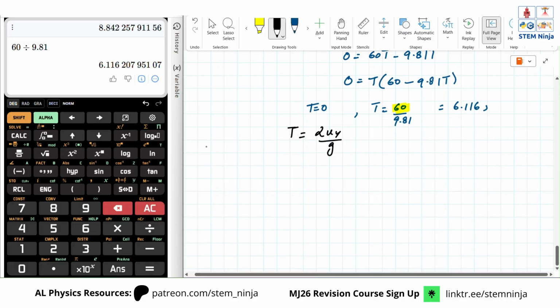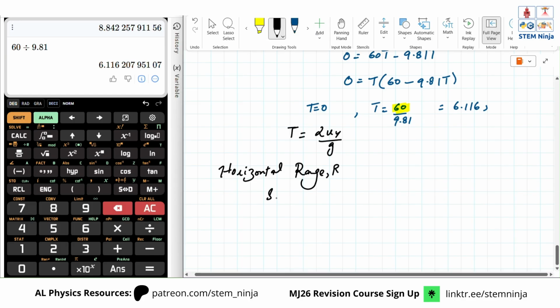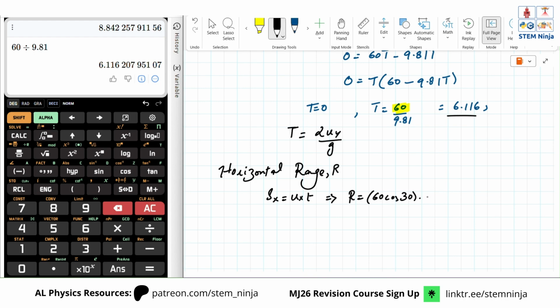Now that we know the maximum height, we can find out the horizontal range, r. So Sx equals uxt. That would lead us to r. Since ux remains the same, so 60 cos of 30, and this capital T, 6.11 seconds.